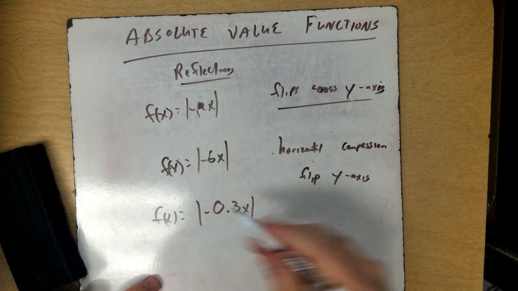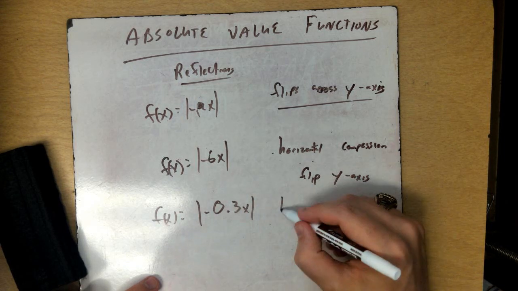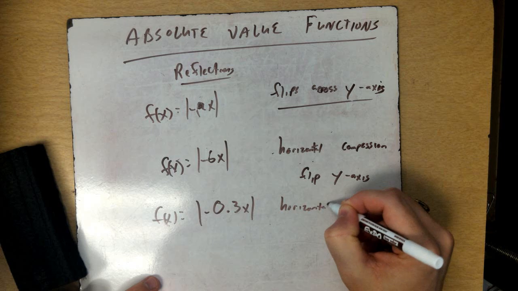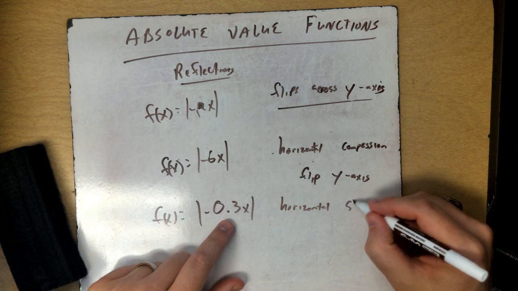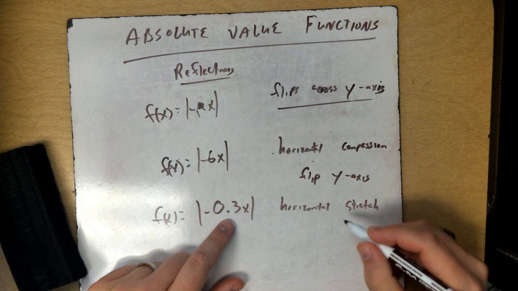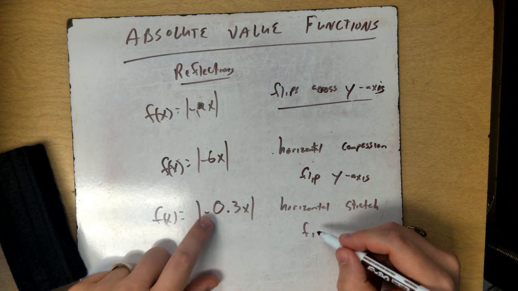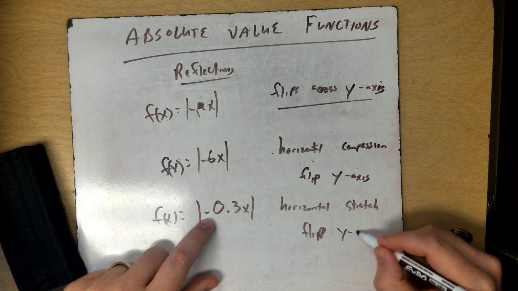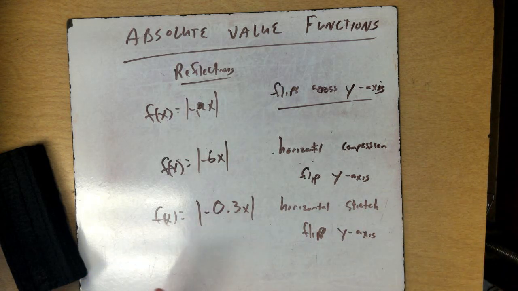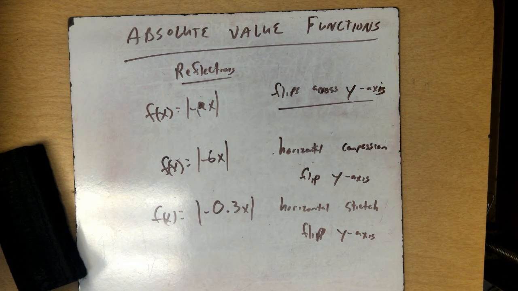It's still everything in, so it's horizontal. Because it's horizontal and it's less than 1, we have a stretch, and this is going to flip across the y-axis because it's negative here. Okay, so that's absolute value functions. The transformations follow the same rules as the linear functions transformations. That is just with the parentheses, you're going to have the absolute value bars here.